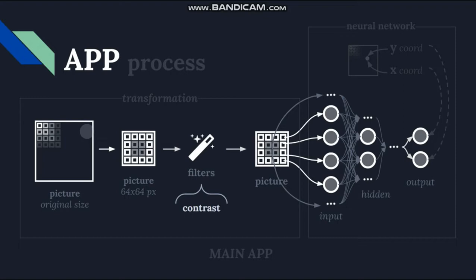These pixels are input neurons in the neural network, so we have to make a few neural networks with different numbers of input neurons. Or we can transform this input image to a new image with another size by scaling it, and we need only one neural network according to this transformed picture.